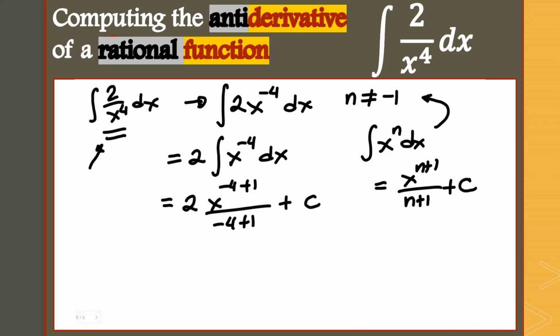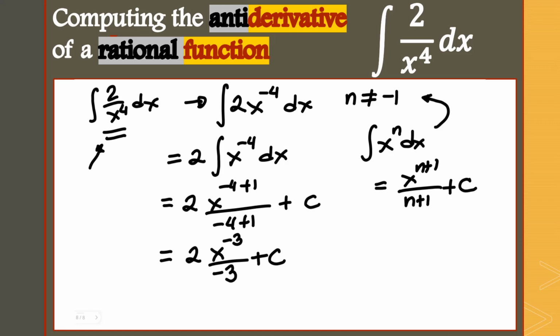As mentioned previously, this is supposedly multiplied with 2, and you will get a second term which is 2c, but since c is an arbitrary constant, we can just state the second term to be c. As we continue, this will become 2 times x to the power of -3 over -3 plus c, because -4 plus 1 is -3.